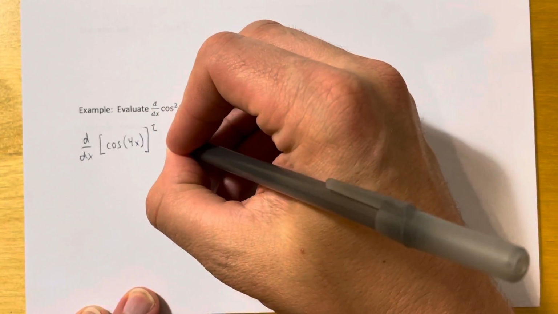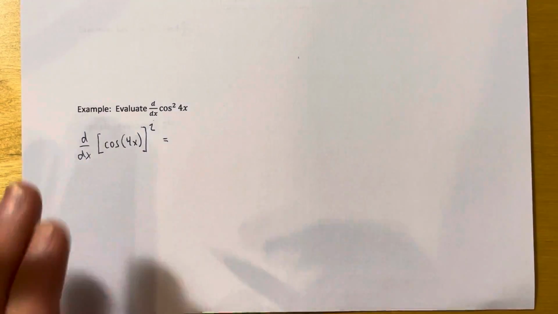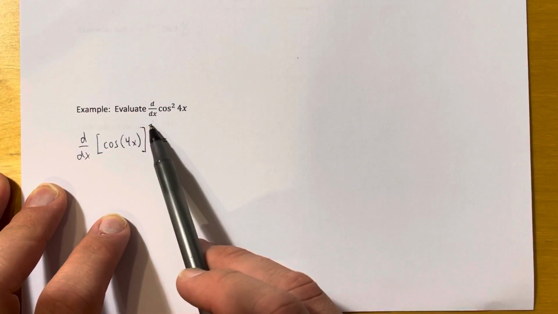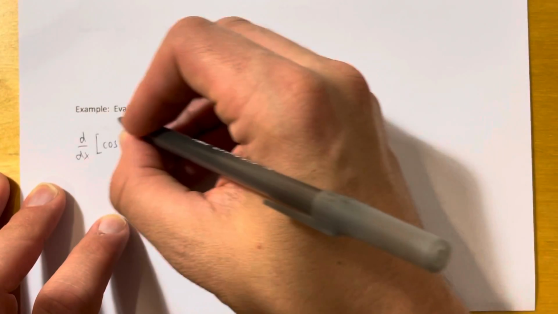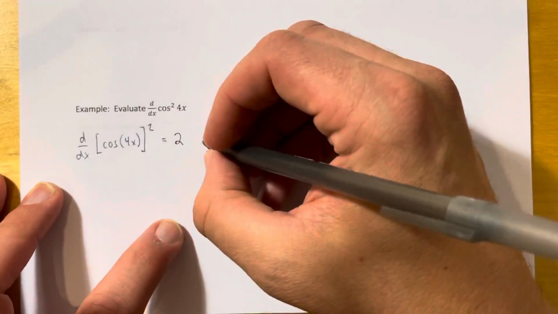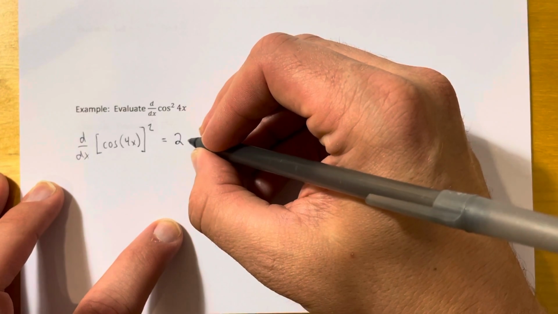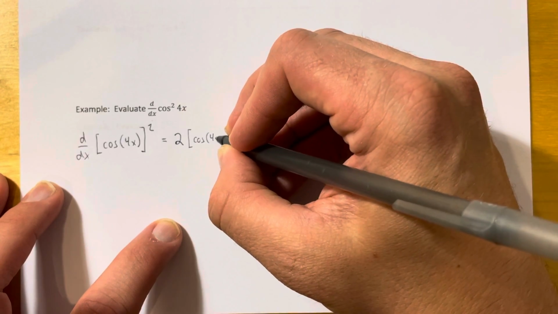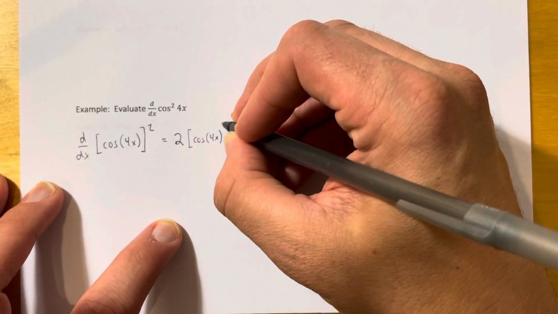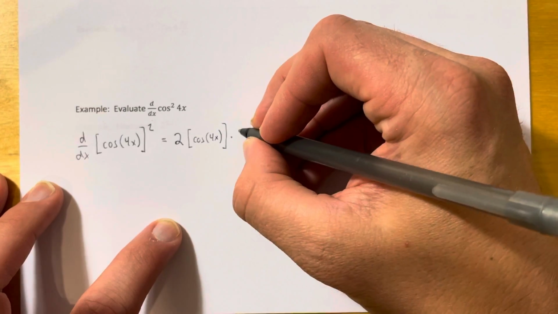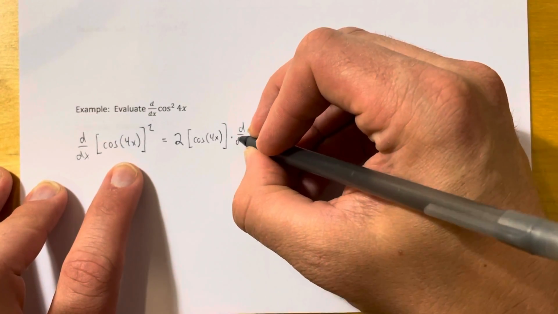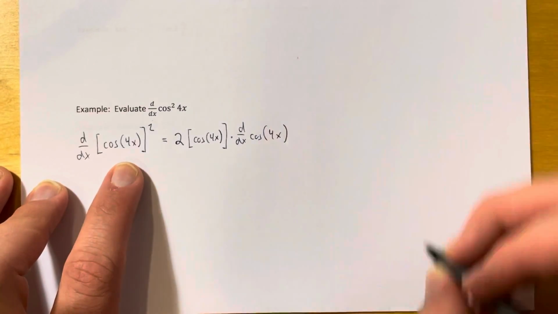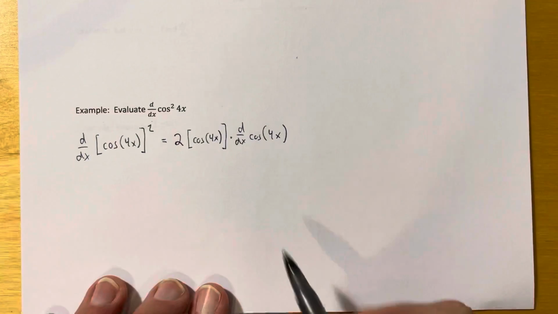Okay, so this is equal to, looking at my outside function, the function that's most on the outside is this something squared here. So using my power rule, the 2 is going to come down. I'm going to end up with 2 cosine of 4x here. But then I need to multiply that by the derivative of the inside function, the derivative of cosine of 4x. And remember, that by itself requires the chain rule.